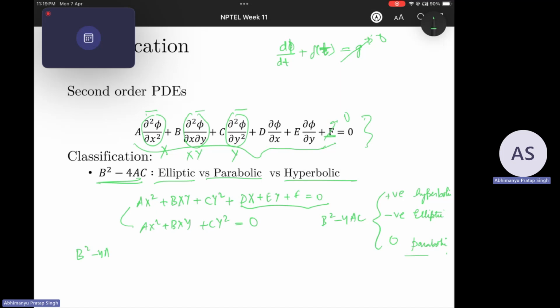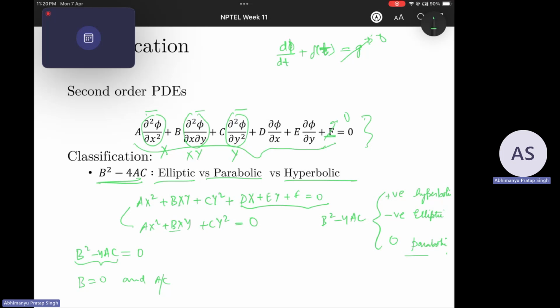Now we can easily see the parabolic case. B square minus 4ac is equal to 0. That means either this difference becomes 0, or b is 0 and any one of the terms a and c is 0. So either a or c is 0.